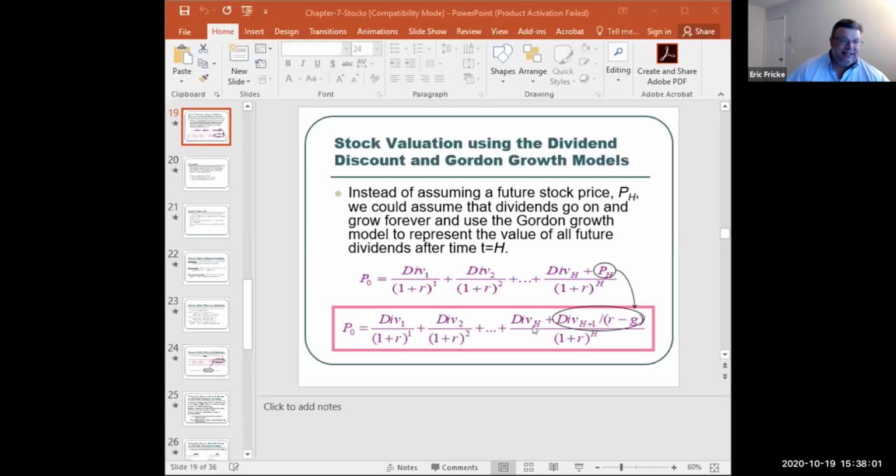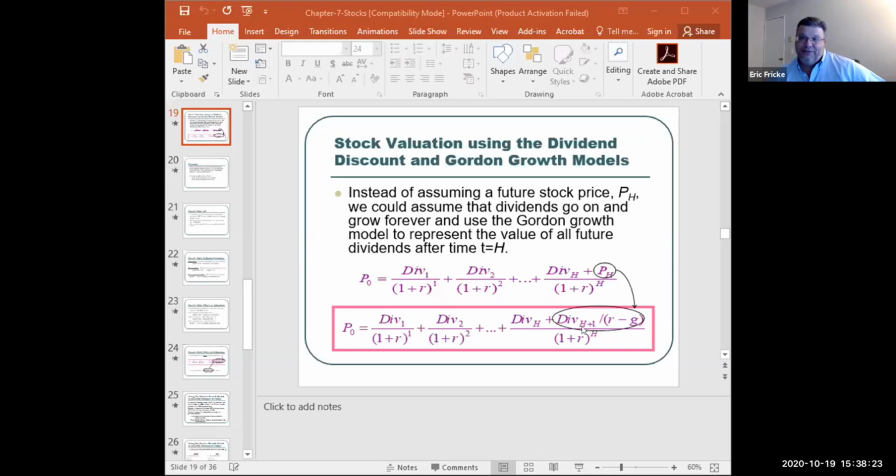Let's say that's 5. If we forecast out to dividends at time 5, then when we put the Gordon growth model in as our terminal value, you have to put the next period's dividend.